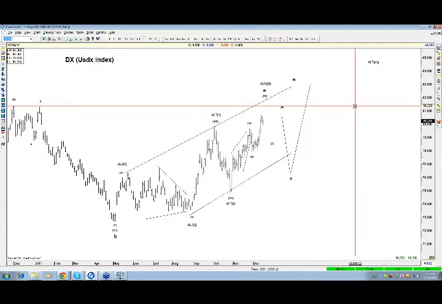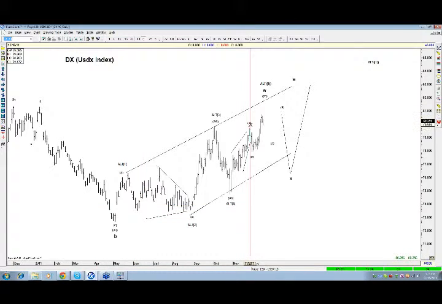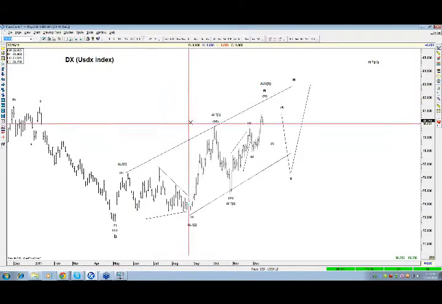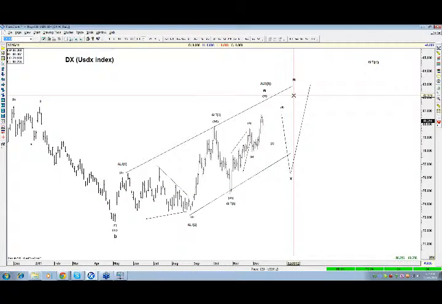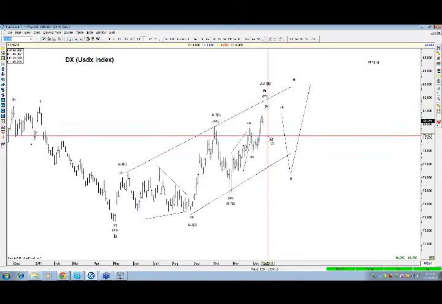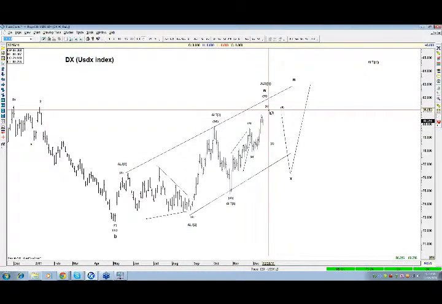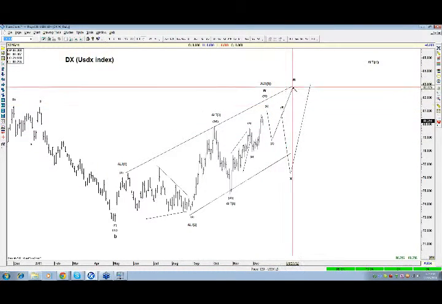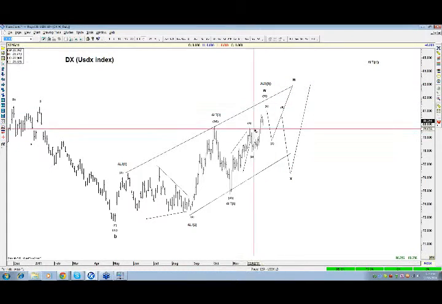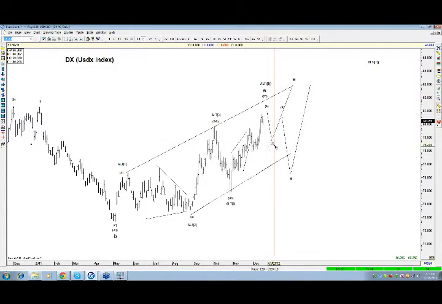I mean, I don't see it as a nest. So if it's not a nest, it's either the leading diagonal or a double zigzag. Now the question is what is ending now, is it W or is it A? If it's A, then it's going to do this and it's going to go back higher. Then like this.